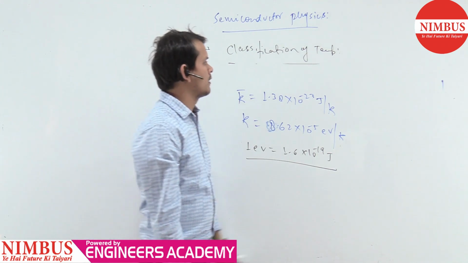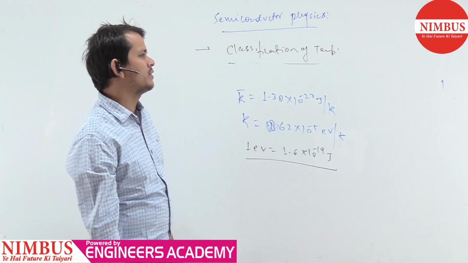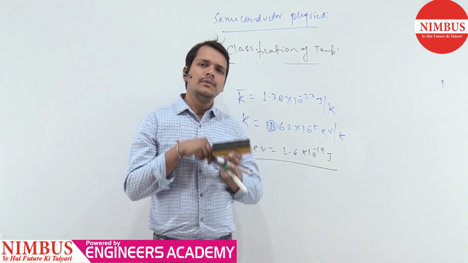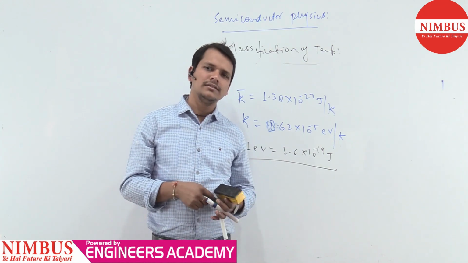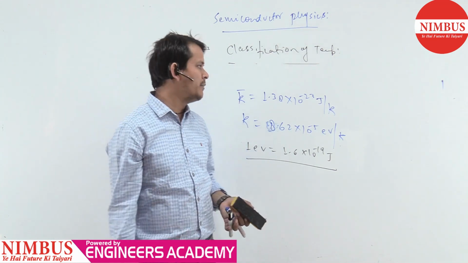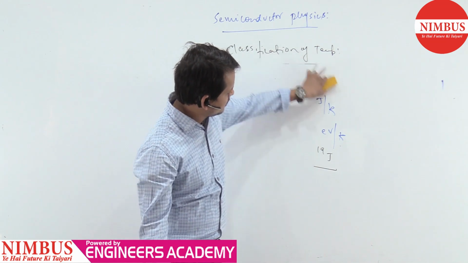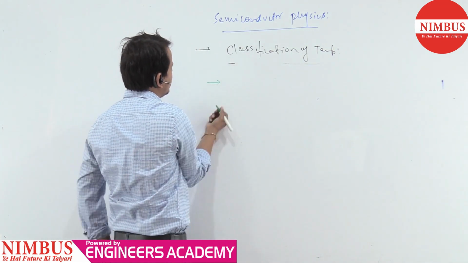Okay. Now I take the classification of the element. I just brief the classification of elements. Basically, we see the basic idea of elements in the 12th class, so I just start like this. Now, if I take the classification of element, we have three types of element in the real world.